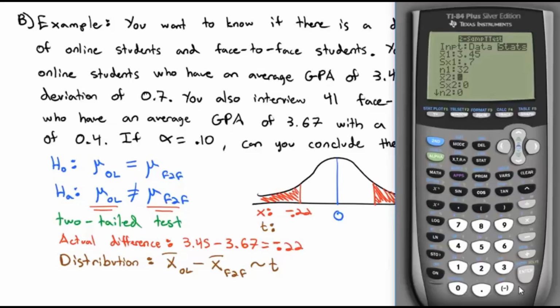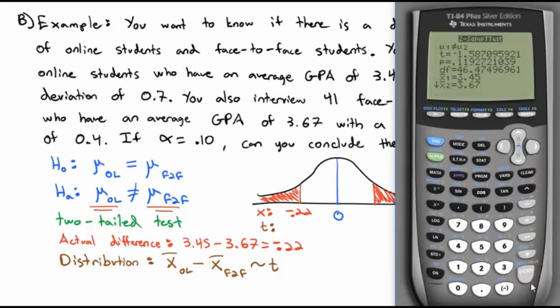The second group, the face-to-face students, have an average GPA of 3.67 and a standard deviation of 0.4, and there were 41 of them. We select an alternate hypothesis of not equals. Pooled is going to be no for our purposes.